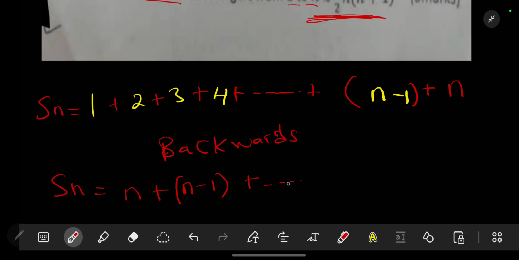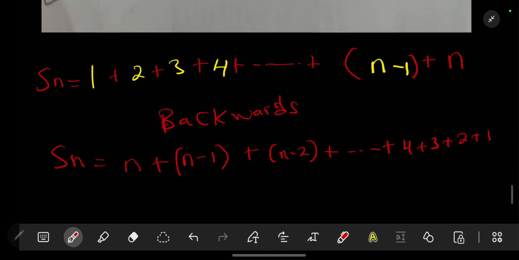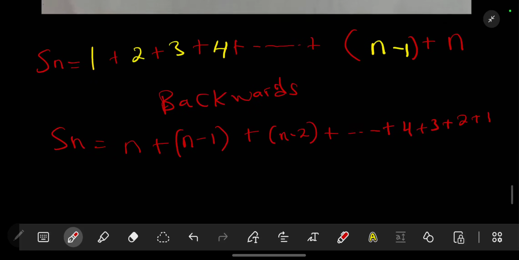If we want, we can say n minus 2, n minus 3, but dots. We are going to have plus our 4 plus our 3 plus our 2 plus our 1. Then what you are going to do is add.